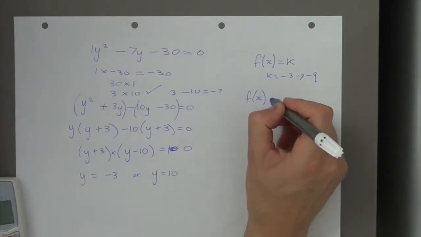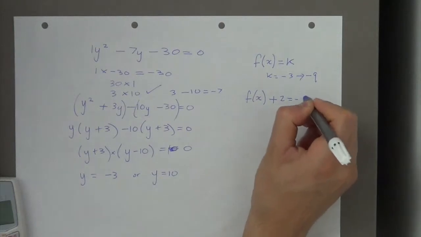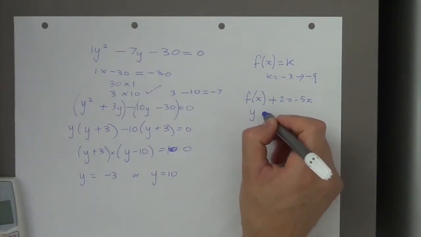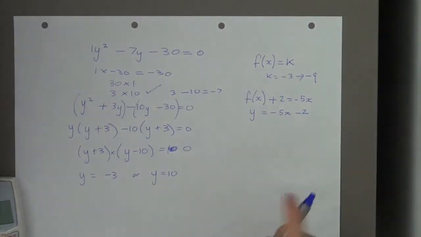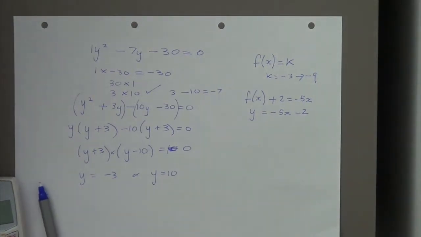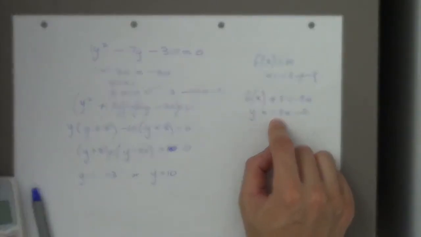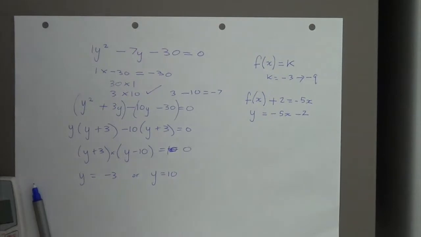So function x, we need to draw a line, function x plus 2 equals minus 5x. Okay? So this equals y equals minus 5x minus 2. So essentially we need to draw this line on our graph, and we need to see where it intersects, okay? So we can see it's going to have a negative gradient of minus 5, and it's going to intersect the y-axis at minus 2, okay?